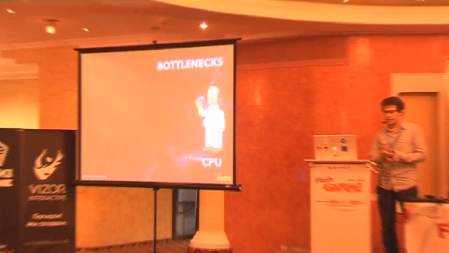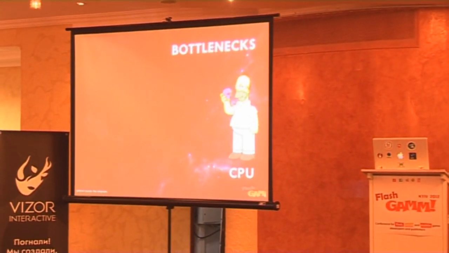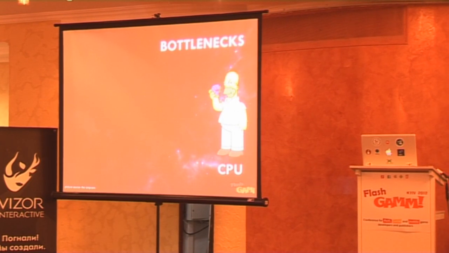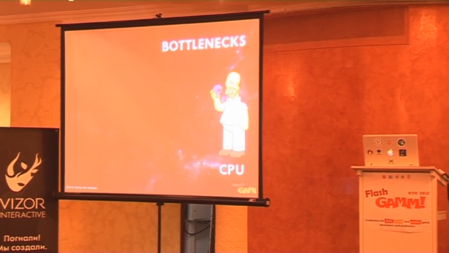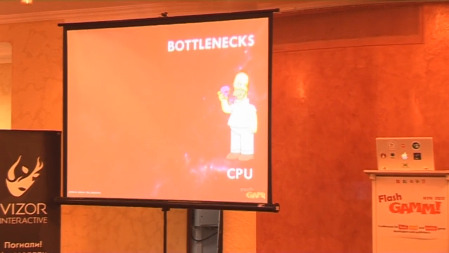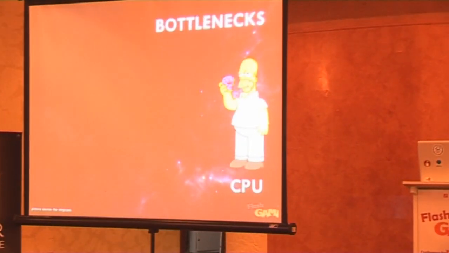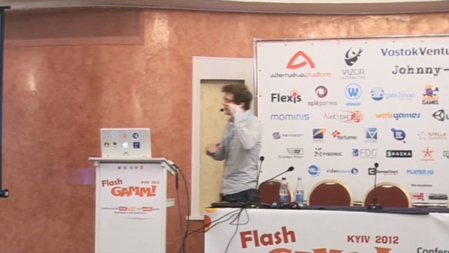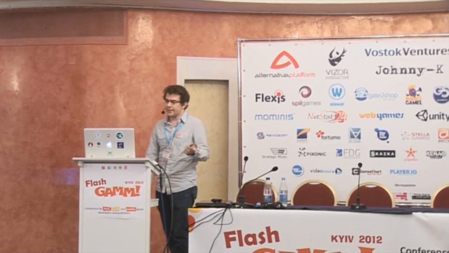In previous times when we weren't trying to program the GPU, you'd just be worrying about CPU performance. And it's the same with the Flash player in Flash 10 and below. All you ever needed to worry about was how much your CPU was being consumed. And if it was being consumed too much, the frame rate would go down. So you'd take a few routines out and the frame rate would go back up again. And it was pretty linear.